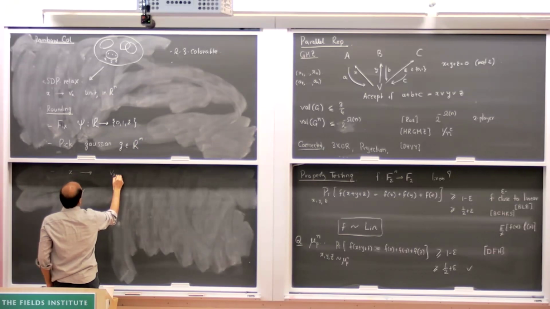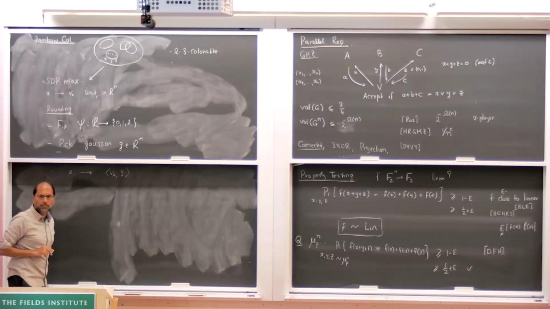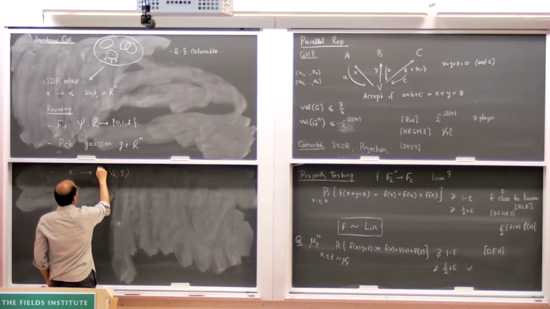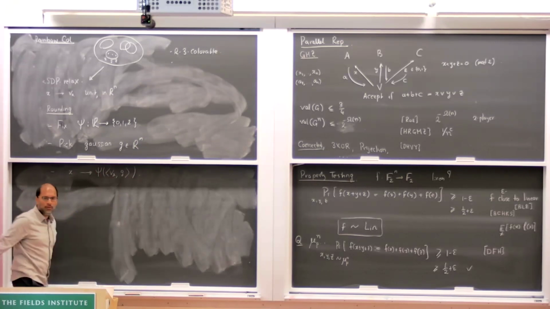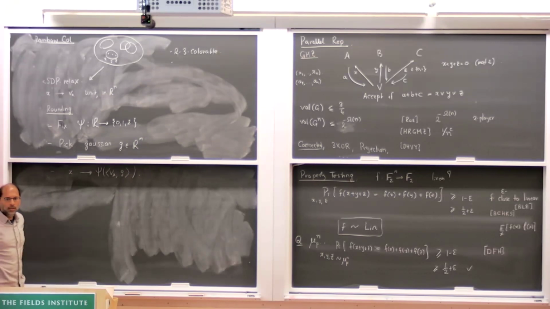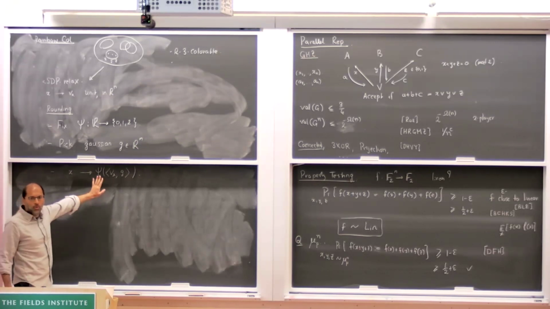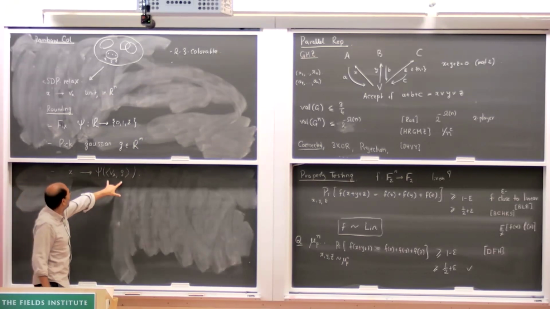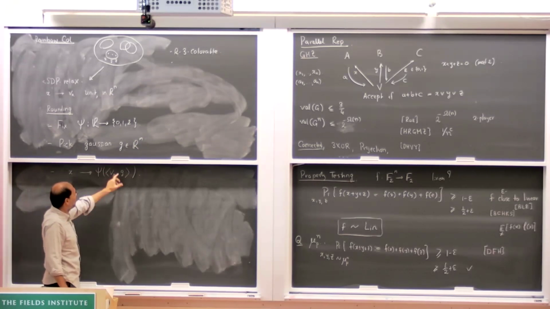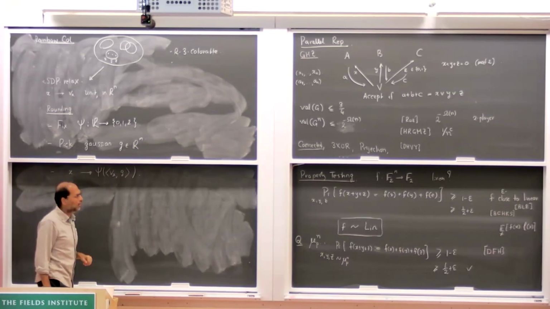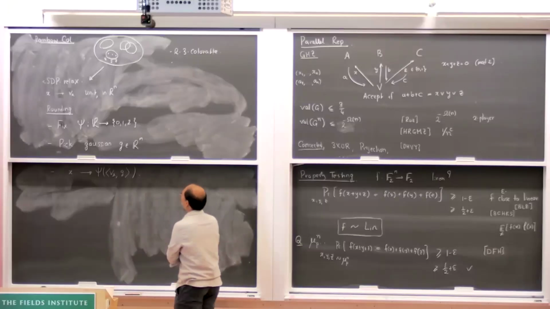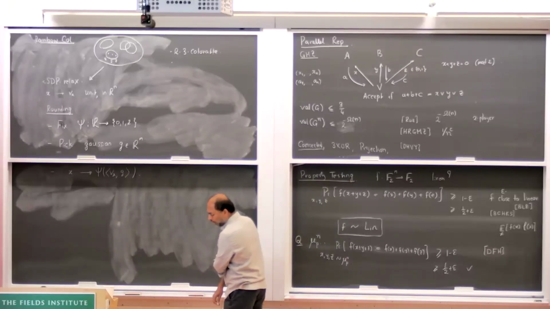The projection of the vector v_x onto a random line is really just the inner product of v_x with G. And then apply your rounding function psi to that. And that's it. This is my coloring. In fact, this is exactly how Goemans-Williamson works. You take this and then just look at its sign, plus or minus. In general, you can do it for any CSP.